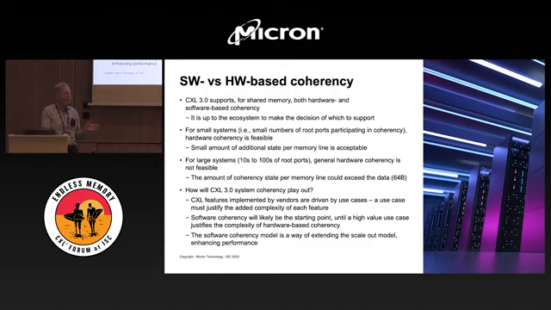And I don't know too many folks that are willing to pay 2x for their memory in a system. Now, if it has the value, sure, they will. But if there's an alternative, software-based coherency, where you don't have to pay that additional, and you can get the same performance or more, then that's the approach generally the industry would end up going.